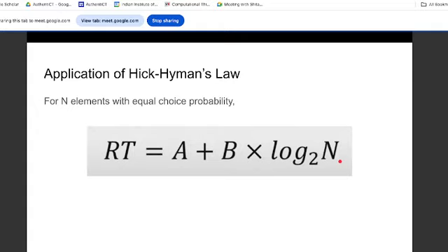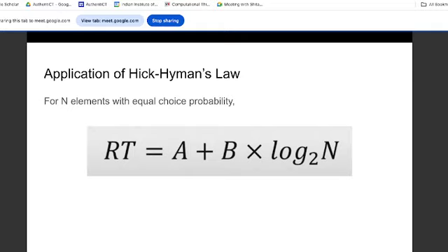So depending upon this number n, the number of choices you provide, the reaction time is going to increase or decrease. Multiple number of choices, the reaction time will increase. Lower the number of choices, the reaction time will be lower.